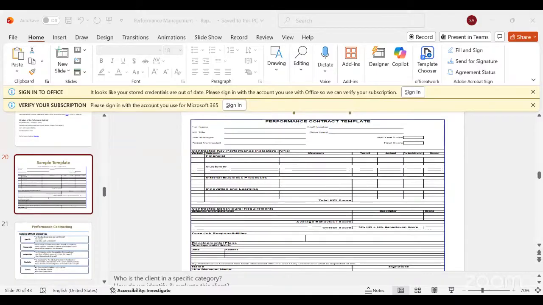Yeah, hello? We can see. You can see it. Okay. Yeah, but it's a bit small. If you can increase your zoom a bit. Okay. Is it better?